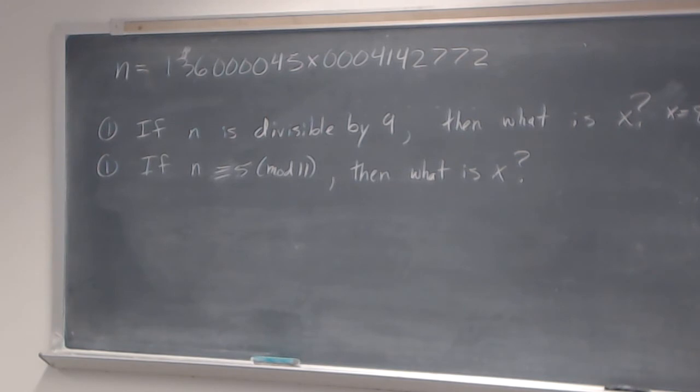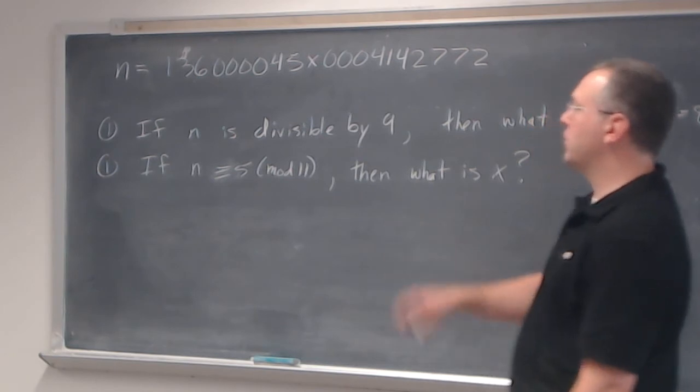Is it 5? I didn't get 5. So neither. The hint is it's either 0, 1, 2, 3, 4, 5, 6, 7, 8, 9, or 10. It's in there. No, it's not 10. It's somewhere. X is not 10 mod 11.